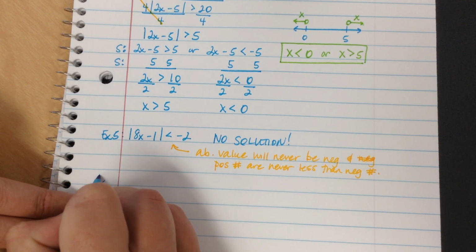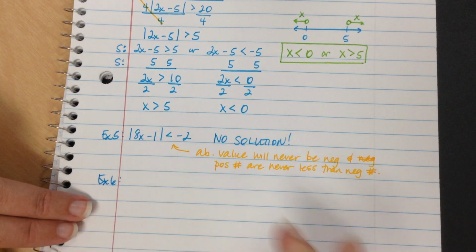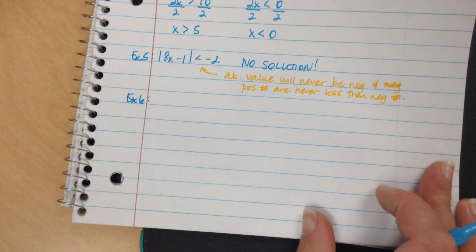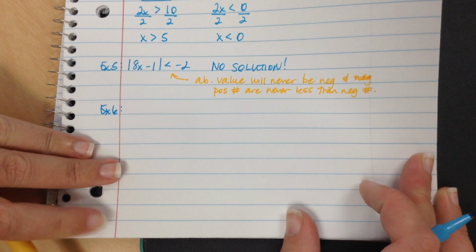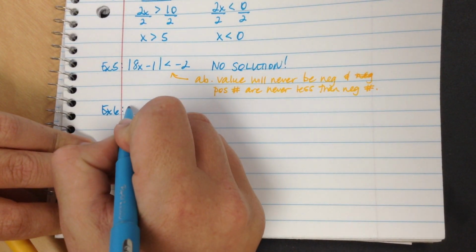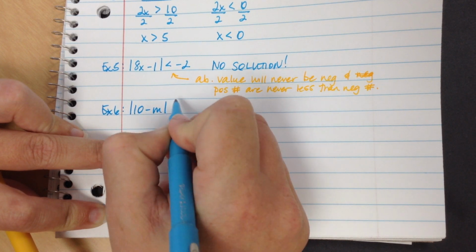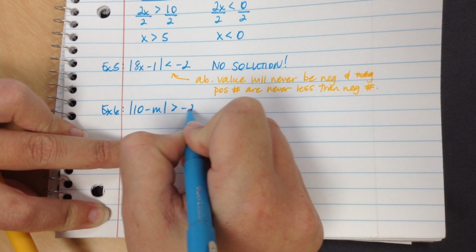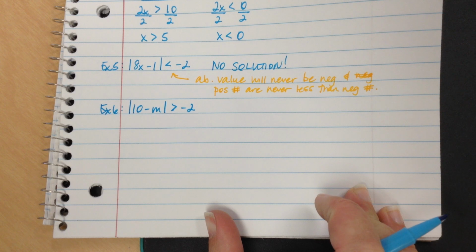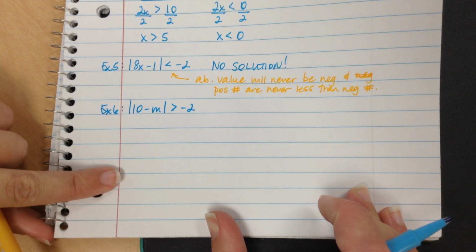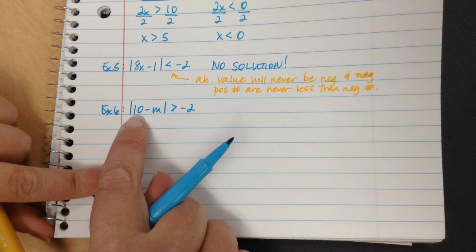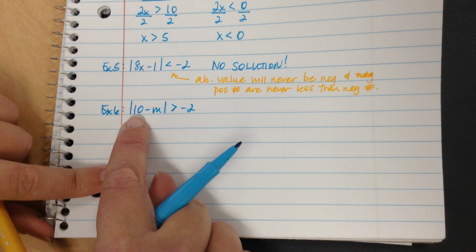What about this one? Example 6, absolute value of 10 minus m is greater than -2. Absolute value, we just said, is always going to be positive.